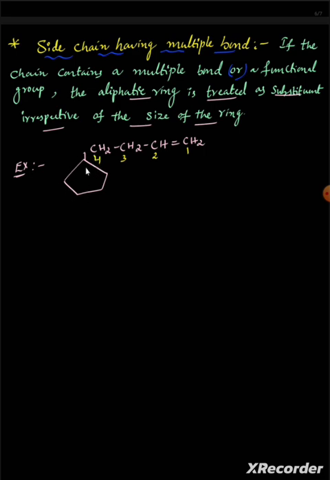Fourth carbon having cyclopentyl. Okay, now the name of this compound is 4 cyclopentyl butene 1. First carbon having double bond. Okay, 4 cyclopentyl but 1 ene also we can write. Okay, next second example.